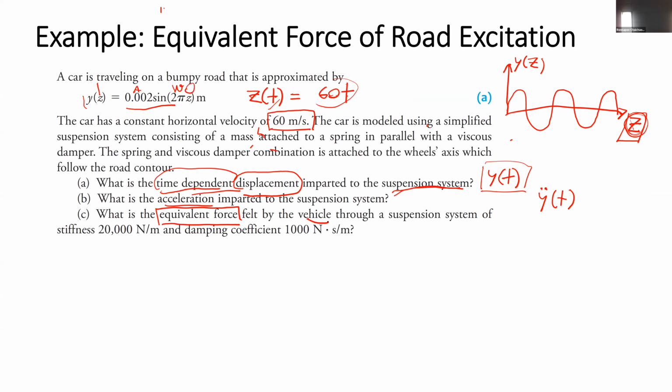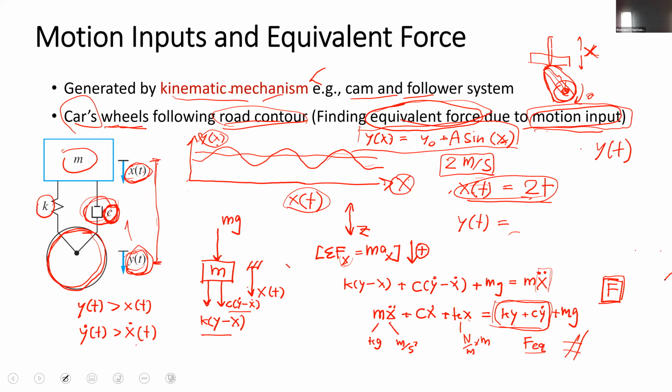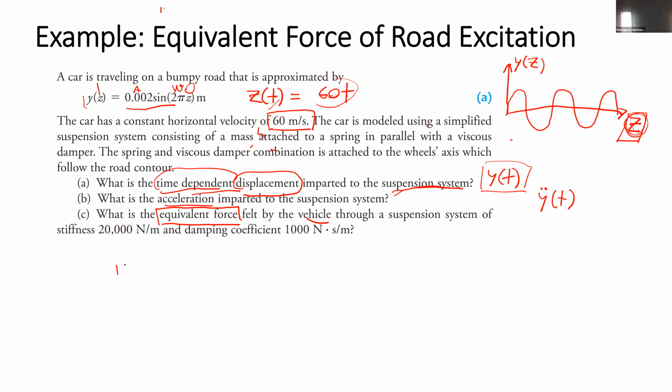From the previous derivation, we know that for the simple suspension system that has the spring and the damper, the equivalent force is stiffness k y plus c y dot. So equivalent force is equal to ky plus c y dot.